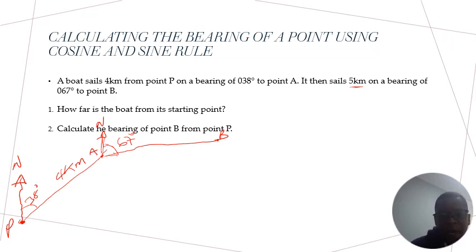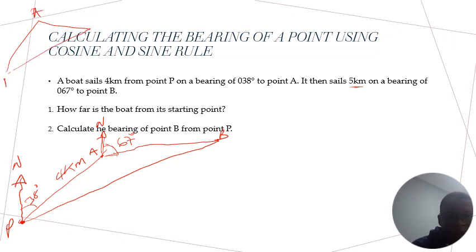Now the thing is, how far is the boat from its starting point? That is the distance. If you look at it, we have created a triangle with A, P and B. Let's label them: small b, small p, small a.